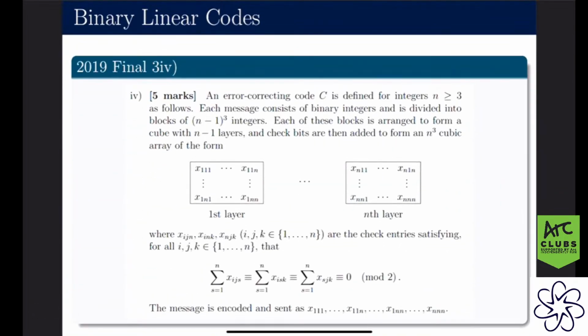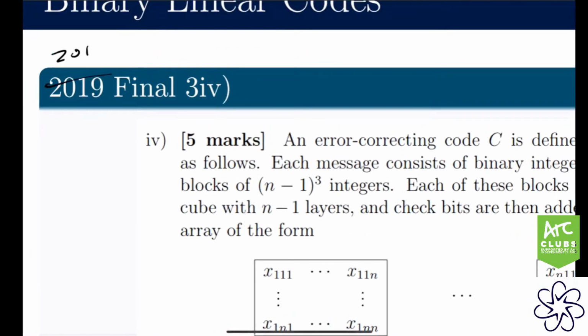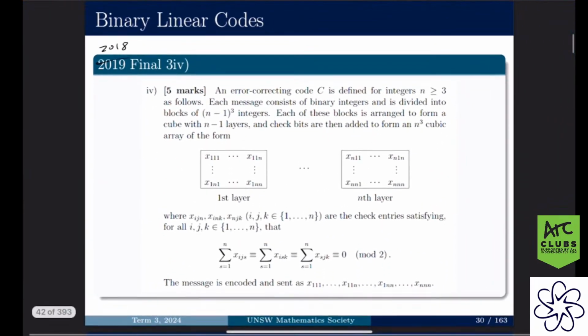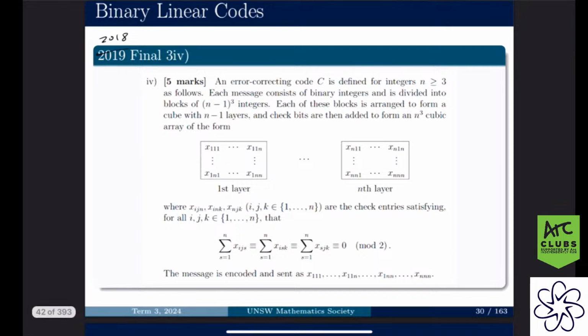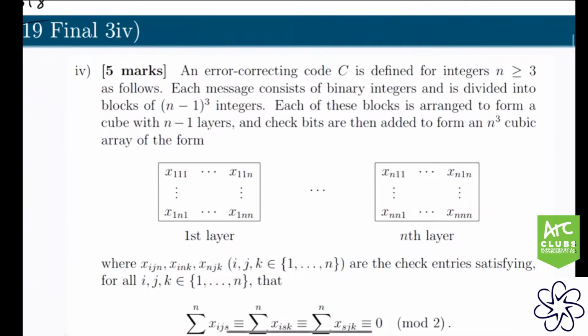So, a final exam question. Bit of a doozy. I think this is 2018, Final 3, part 4. We have an error correcting code C defined for integers n greater or equal to 3. Each message is going to consist of a block of (n minus 1) to the power of 3 integers.